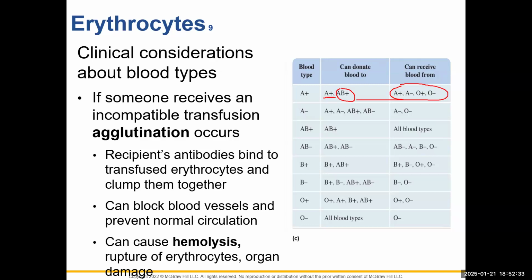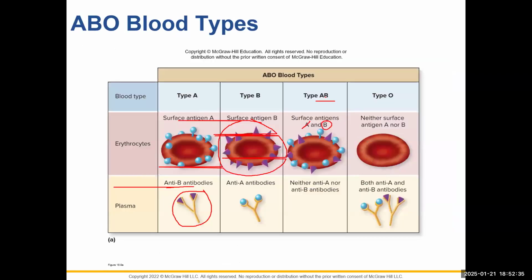But AB, if you go back to the chart, look, if I give that blood to somebody, check it out. That individual does not have any antibodies. So their antibodies will not react to my surface antigens, so it's safe to donate blood to them because they don't have any antibodies to interact with that surface antigen.